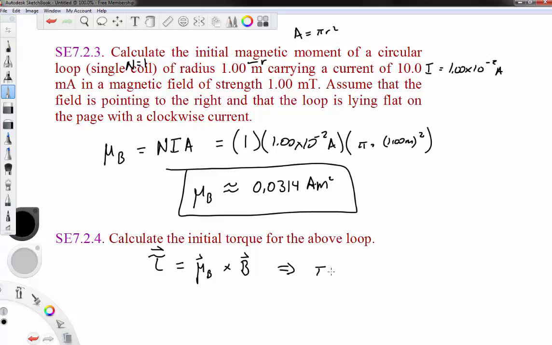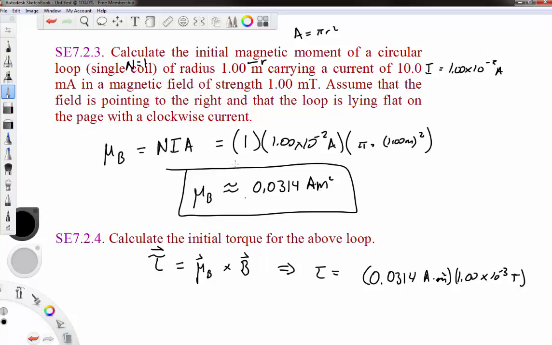And so if we just want to find the magnitude of the torque, it's going to be this number, 0.0314 amp meters squared, times the magnetic field, which is given as 1.00 times 10 to the minus 3 Tesla, and then times the sine of theta.